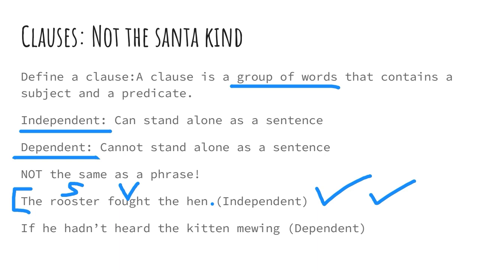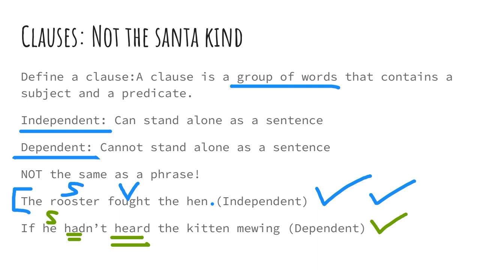But let's look at the next example here. If he hadn't heard the kitten mewing, okay, we have a subject, he, we actually have a verb phrase, we have a helping verb had, and an action verb heard. So we might go, this is a sentence. Well, let's check our criteria. It does have a subject and verb. So we already can tell it is not a phrase, it is a clause.